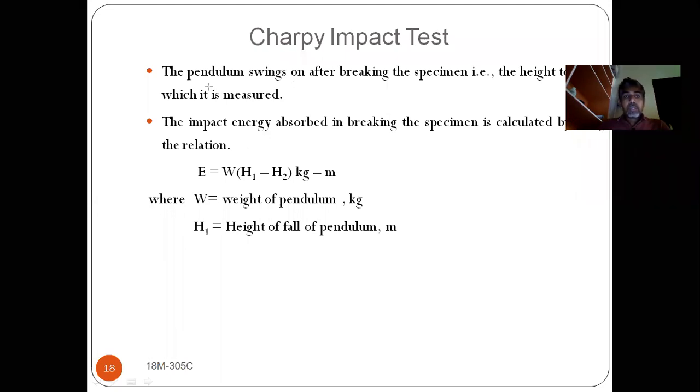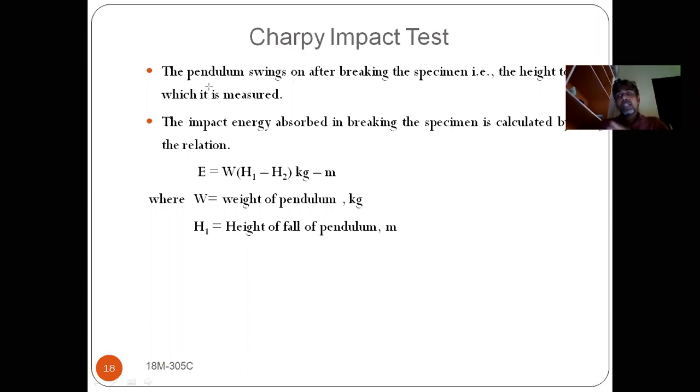See here. In the Charpy impact test, we are loading the specimen and raising the pendulum hammer to a certain height, that is H1, and we are releasing it. After releasing, it will hit the specimen and the specimen fractures into two pieces.